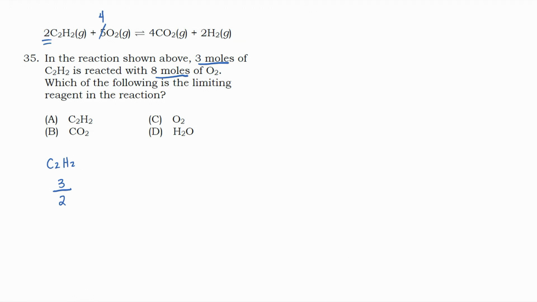And for O2, 8 moles over 4. Then we look for which is smaller. That is the limiting reagent. This one is 1.5 and this one is 2. So, C2H2 is smaller, meaning it is the limiting reagent.